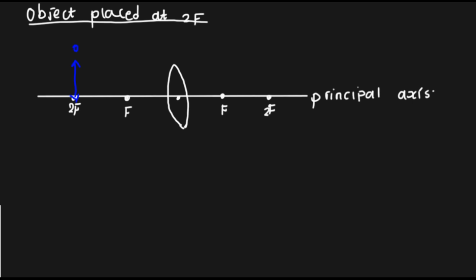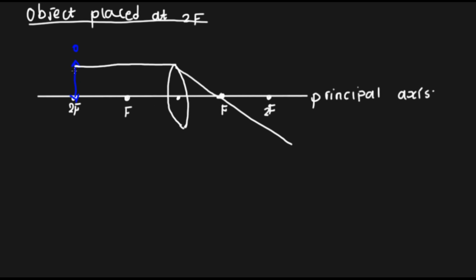So like I said, step number 1, you need to draw a straight line until it touches the lens. After that, turn and make sure you pass through the focal point number 1.